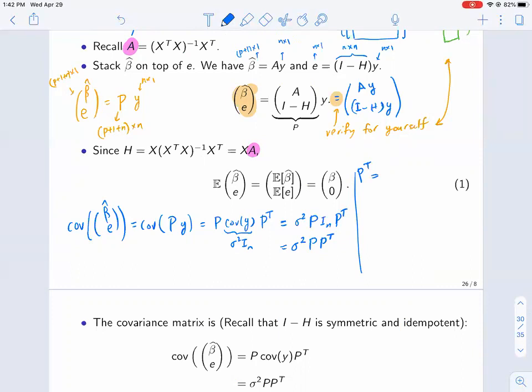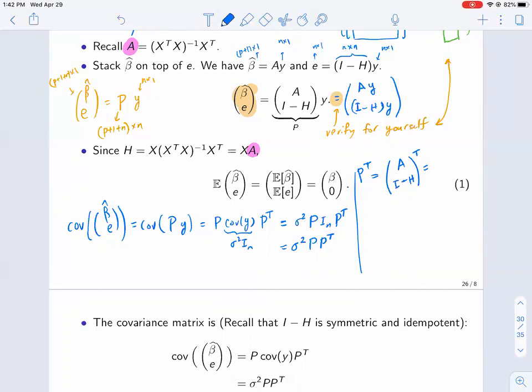So P, we can write it as this, transpose. And this is a block matrix. So anyone knows how to transpose a block matrix? Is it to treat the two blocks as numbers? Yes.